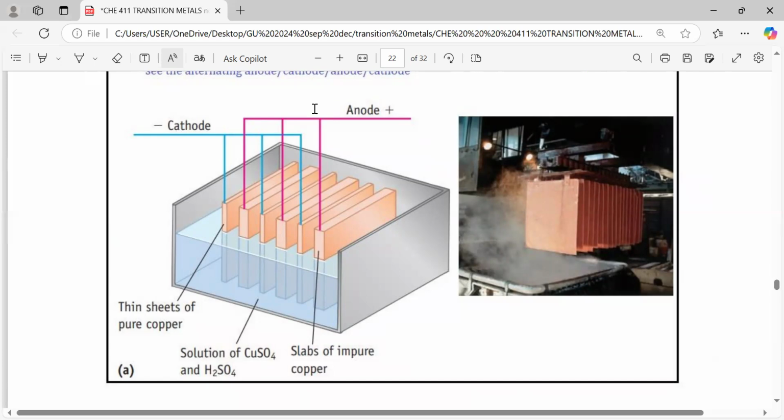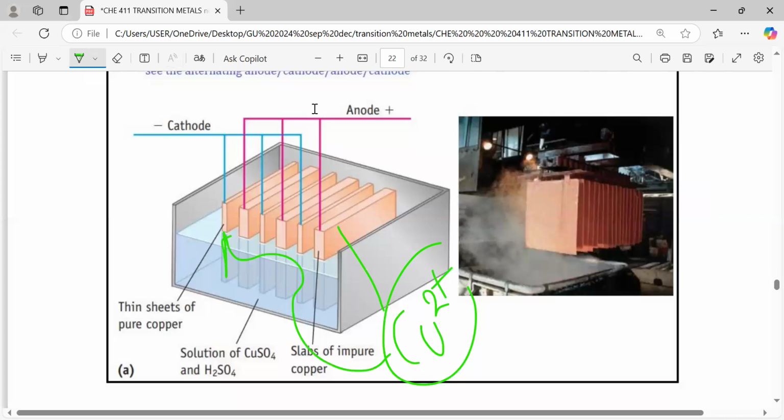So your anode is made up of the impure copper and your cathode is made up of pure copper, which means your metal is dissolving here in the form of copper 2 plus and migrating to deposit on the cathode.